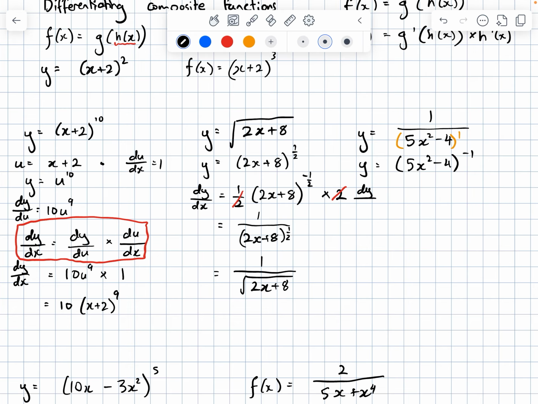So dy/dx: bring the power in front, rewrite the original inside function, reduce the power by 1, times by the differentiation of the inside function, which is 10x. This can be simplified by saying the negative 10x stays on top, and the thing in brackets with the negative power, 5x squared minus 4, can go to the bottom.